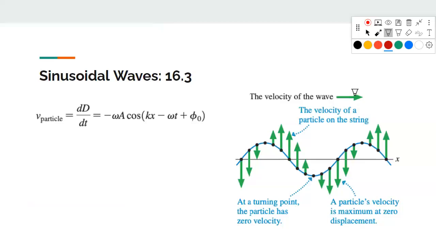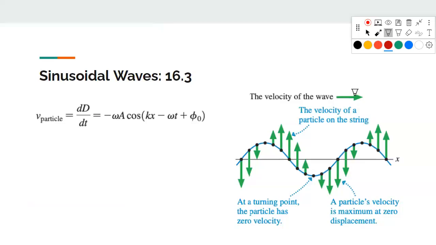Like I've said a few times, we can think of each particle on a wave as a simple harmonic oscillator. And this is a subtle detail that people often mess up, including me sometimes. There's the velocity of the wave pulse, which is lambda times f, or on a string, root T over mu. But there's also the vertical, up and down velocity of each particle.